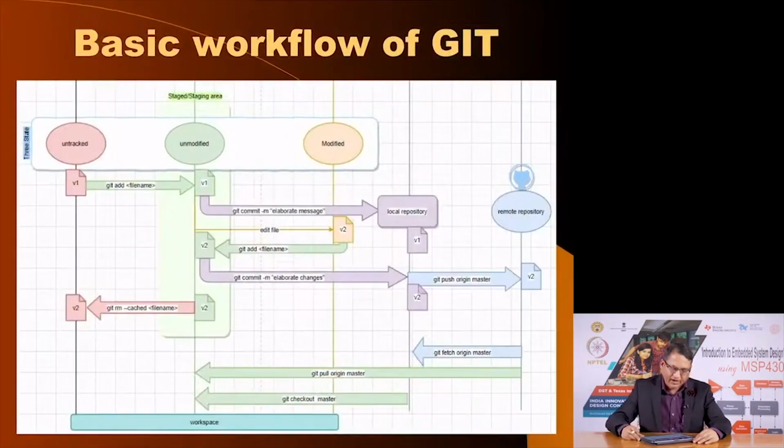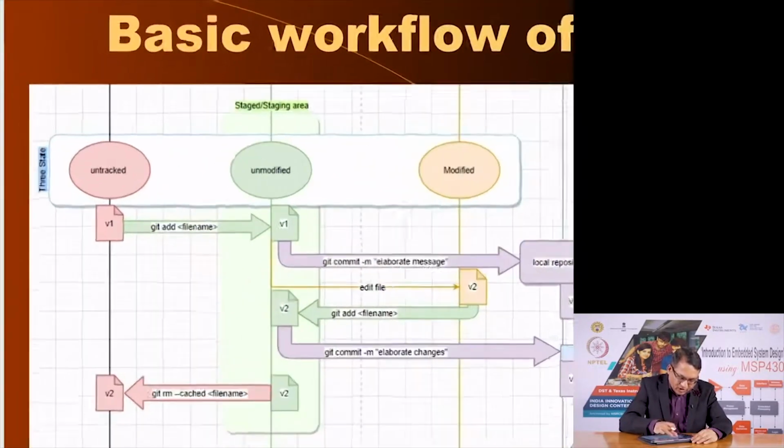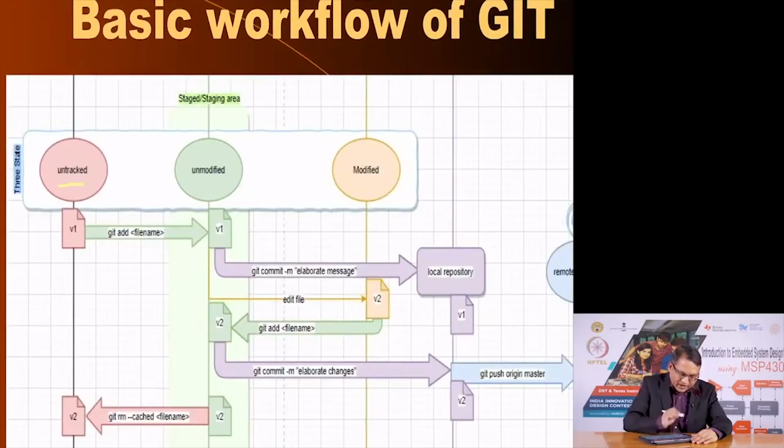Now, when you create a repository or you create a file, basically Git looks at that file in various ways. When you create a file, it is still not attached to that software which you just installed on your PC, that is Git. Such a file is called an untracked file. This is the untracked file.